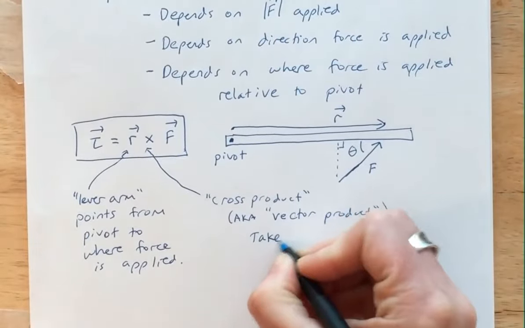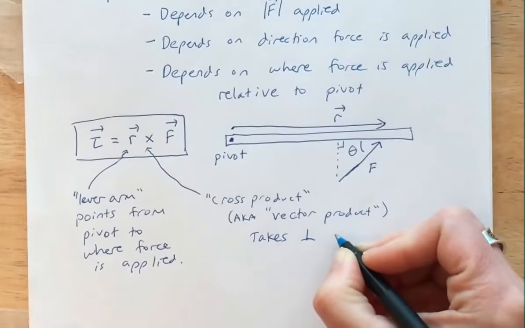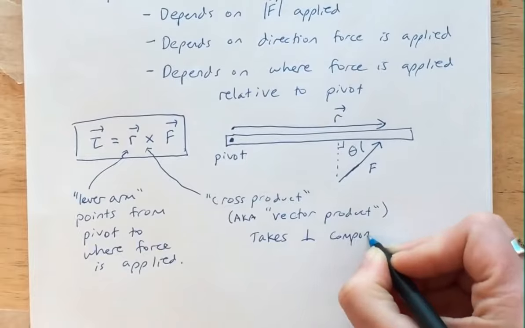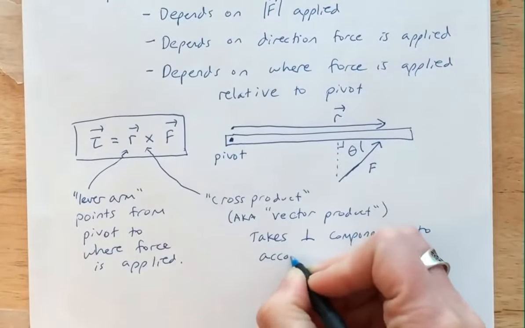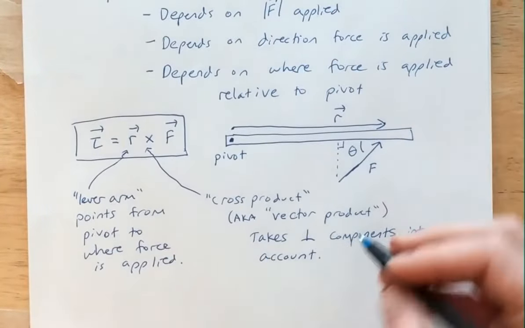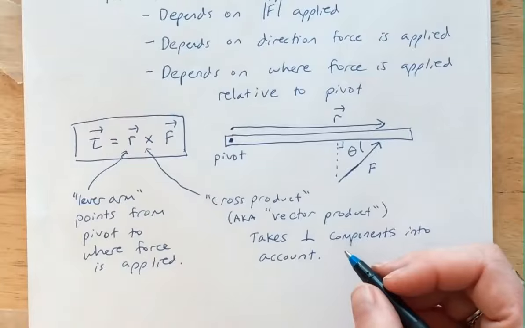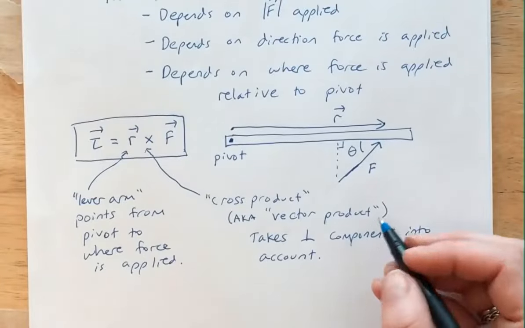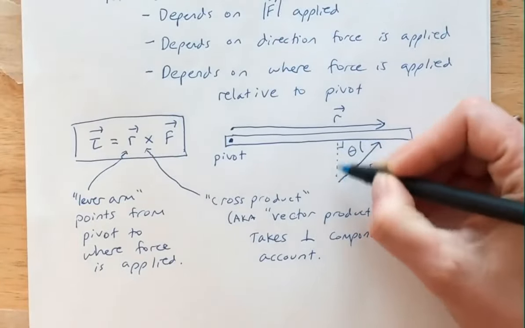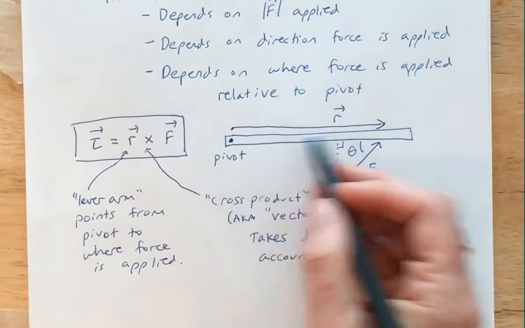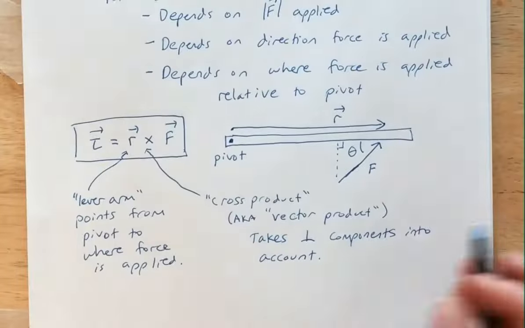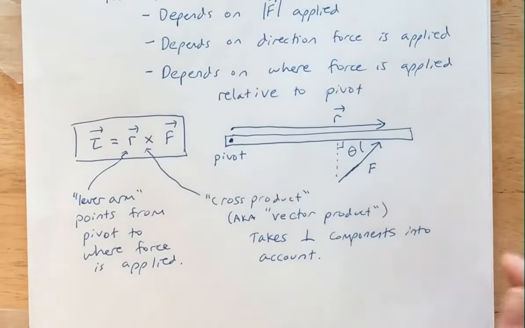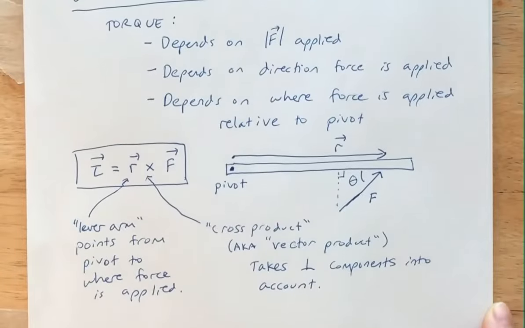And for now, I want to just say that it takes the perpendicular components into account. So in this case, for example, we could say that it would take the component of the force perpendicular to R multiplied by R.